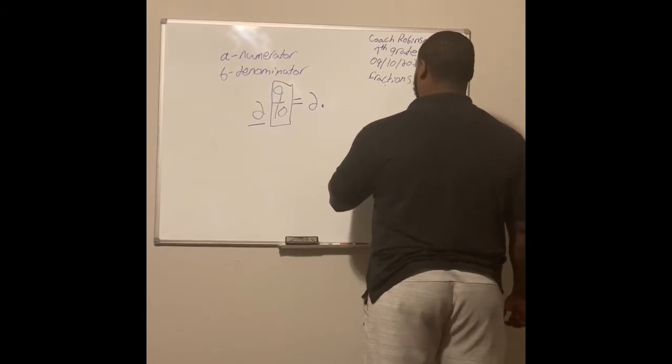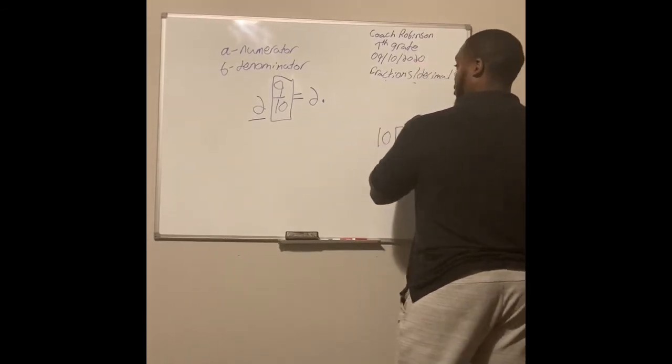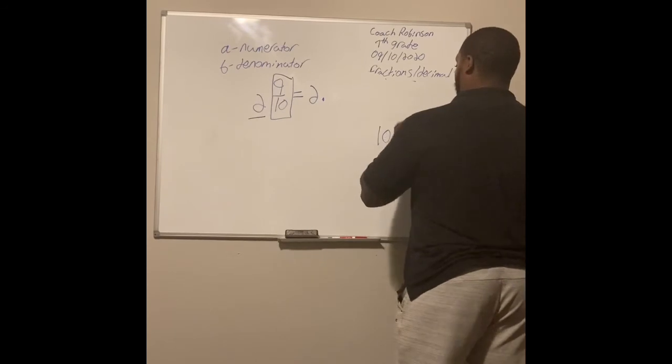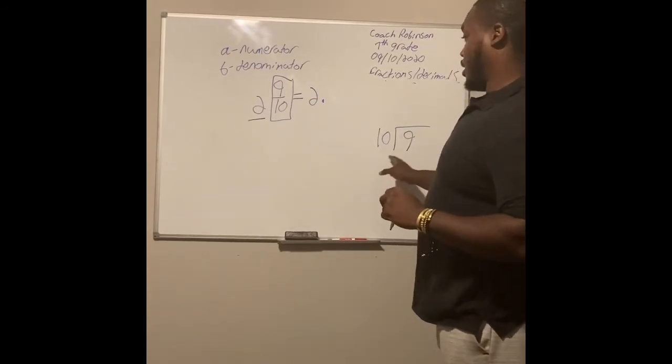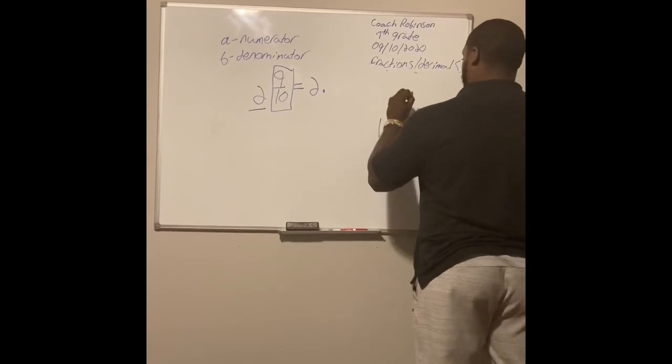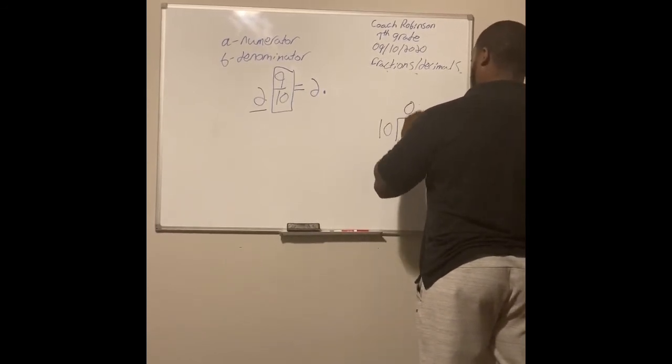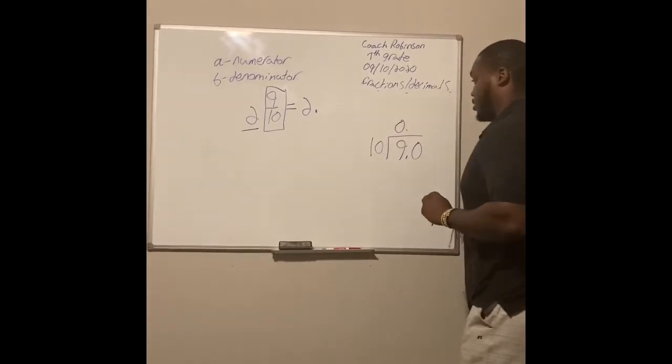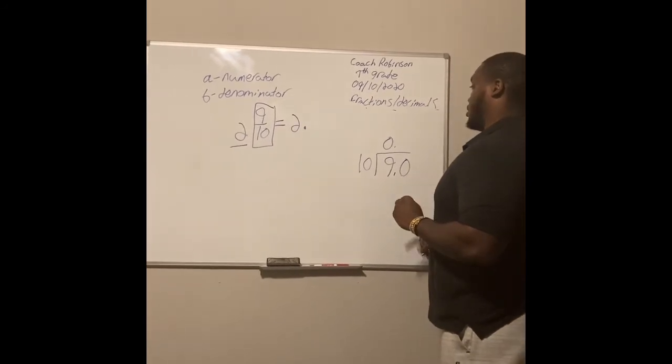So 10 divided by 9, okay? 10 cannot go into 9, so you gotta add a 0, decimal, add a 0 here. 10 going into 90, 9 times.